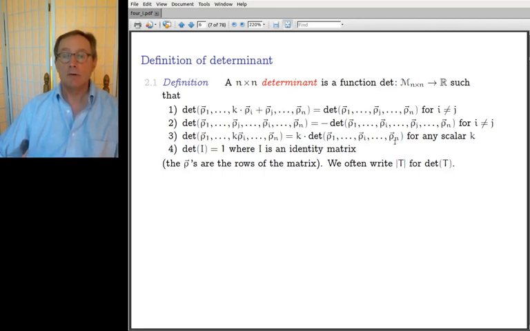If you multiply one row by k, not the whole matrix, one row by k, then you multiply the entire determinant by k. So if, for example, you had a 4 by 4 matrix and you multiplied row 2 by 16, then you would multiply the determinant of the entire matrix by 16.